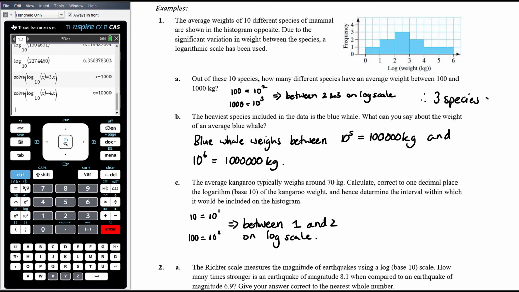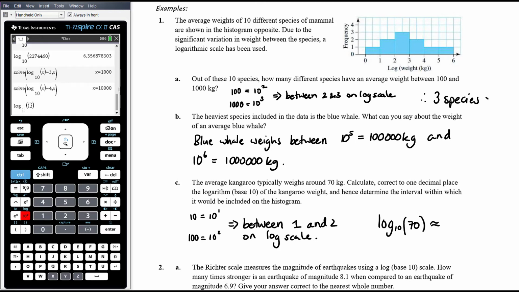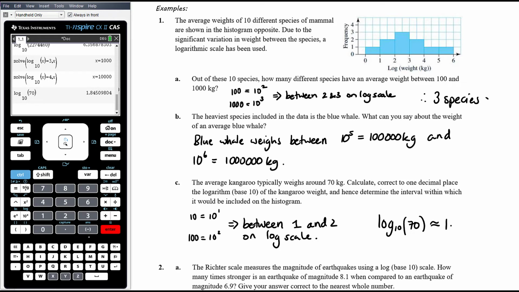Okay, but it does ask us to calculate, correct to 1 decimal place, the log of the kangaroo weight. So we can confirm that: log base 10 of 70, we'll type that into our calculator, control enter for a decimal value, and we want the answer to 1 decimal place, so that is 1.8.